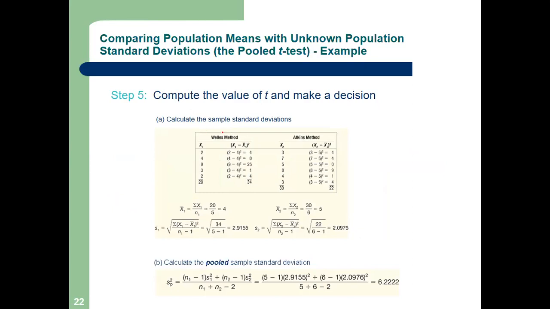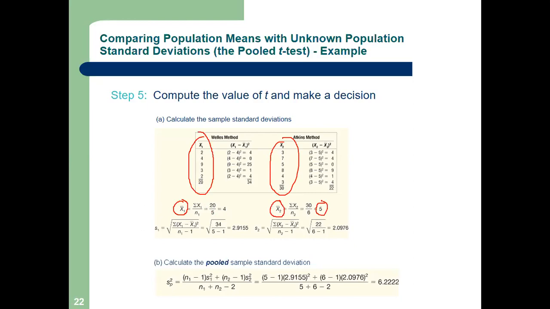Please see this. This is my data, Wells method data. First we calculate the mean x1 bar, which we get as 4, for the Wells method. For the Atkins method, these are the data. If you calculate the mean, it is 5.